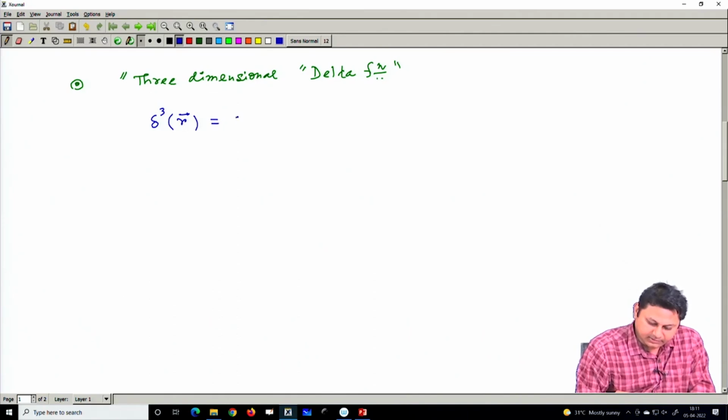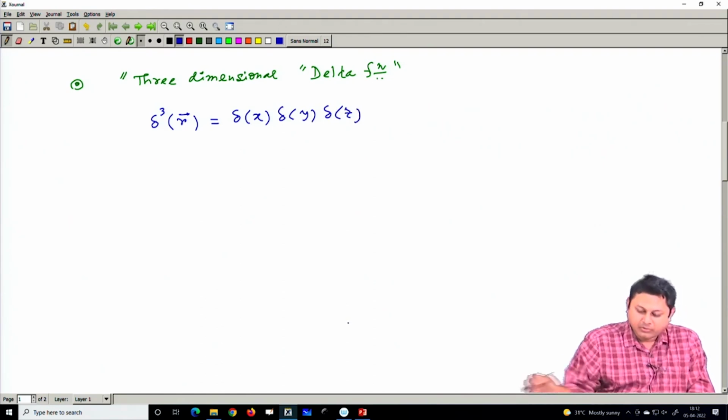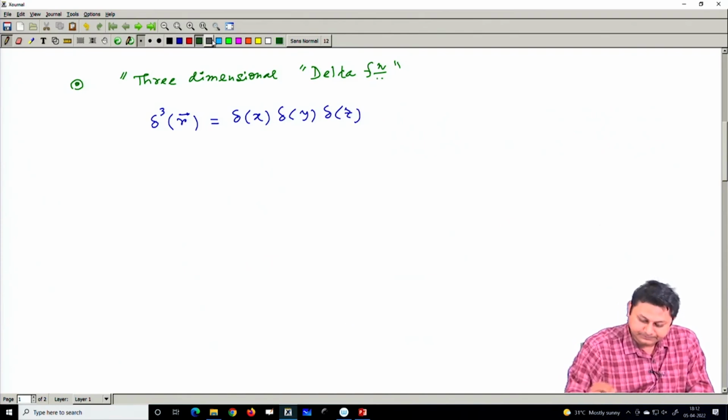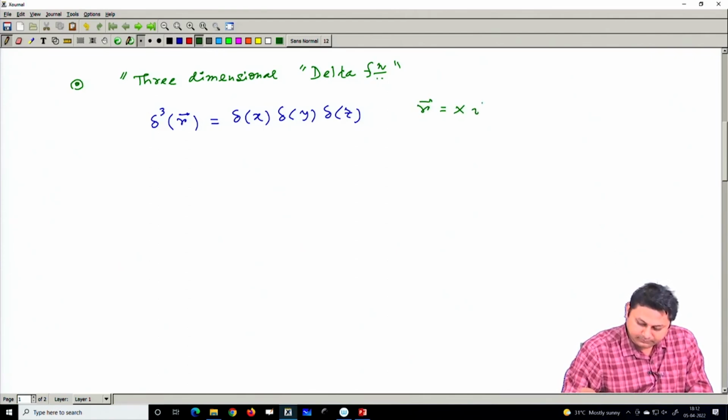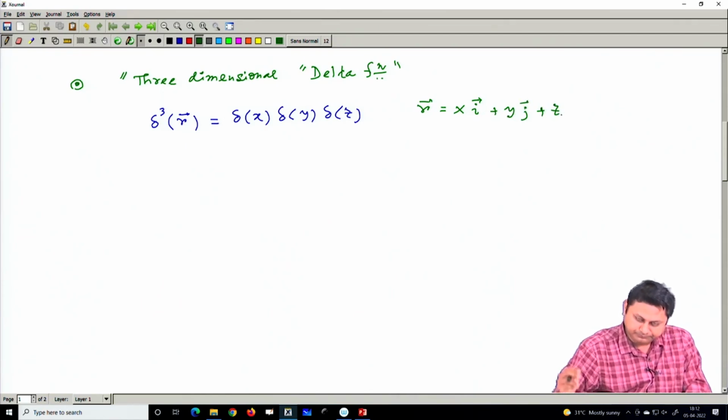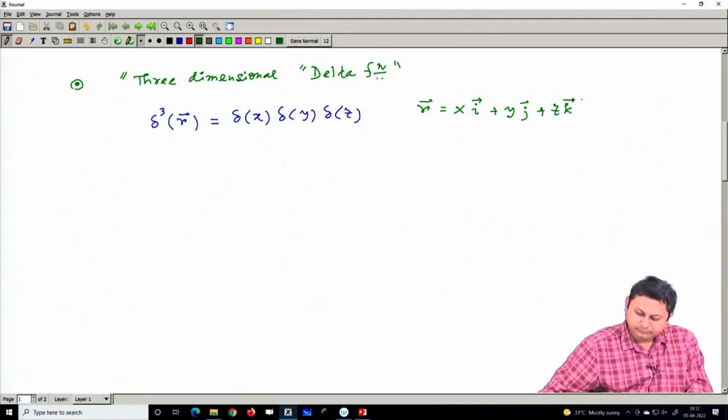In the Cartesian coordinate system that is simply the multiplication of three delta functions, where r is a simple position vector.